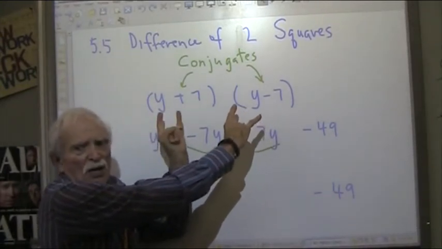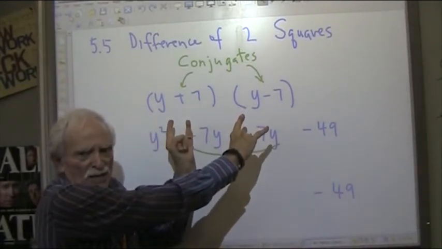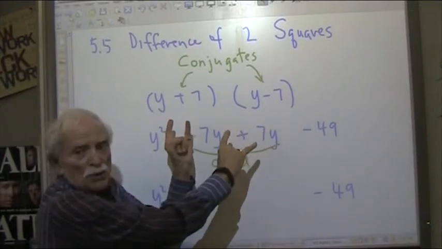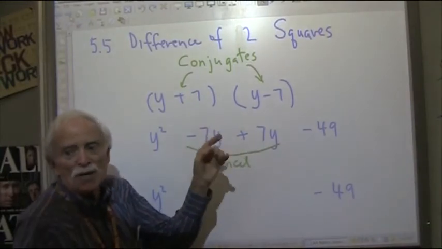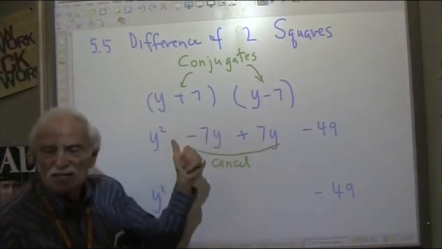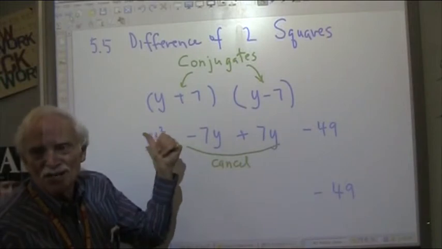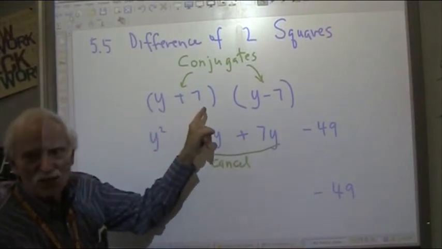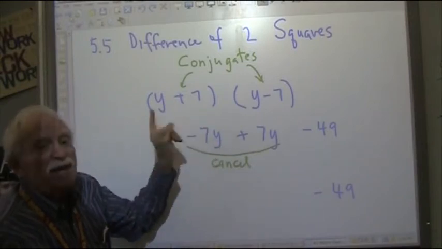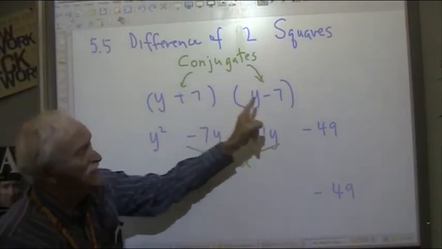When they are conjugates, then you know that it's going to be the difference of two squares. It's going to be the first squared and the last squared, and a minus sign in between because you have a plus times a minus.